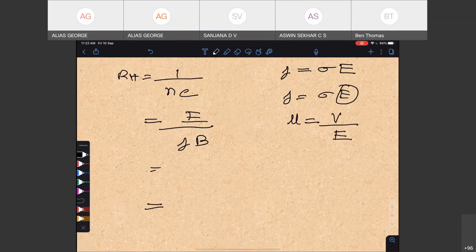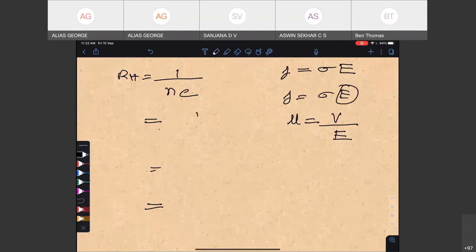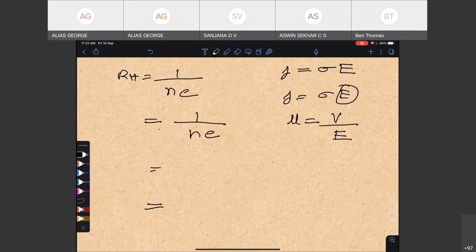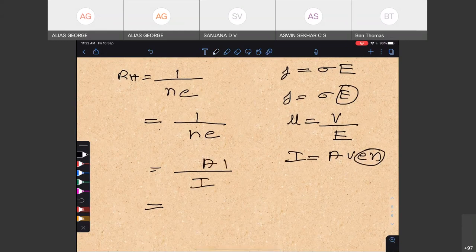So you can connect these two equations. 1 by n is there, and instead of I, it is written as this equation. 1 by n I can substitute as I by A times B.